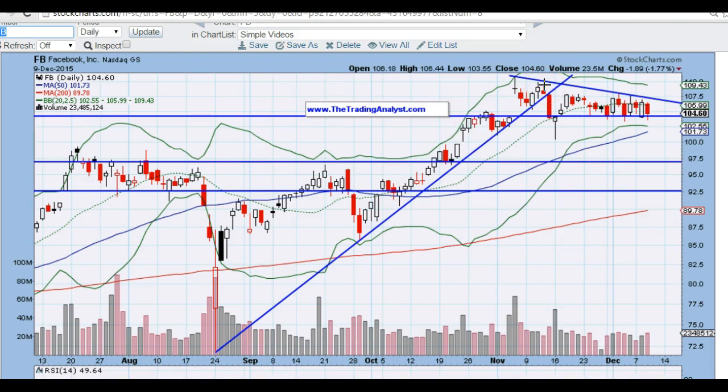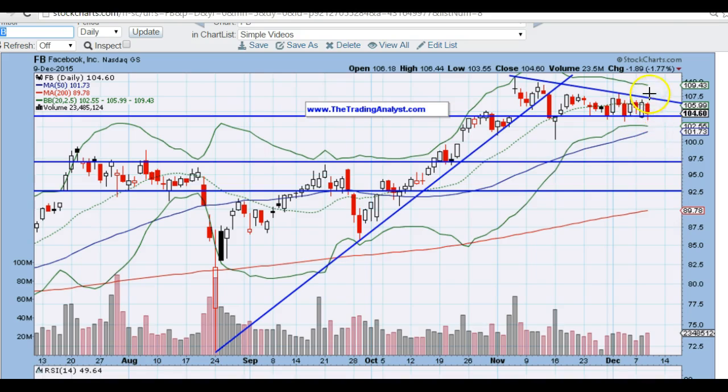Okay, we have a declining supply line, and then we've got this flat lower support line. Excuse me, and you can argue that this is a descending triangle, descending wedge. Okay, typically that pattern breaks out to the downside.